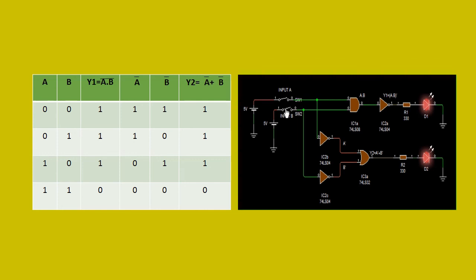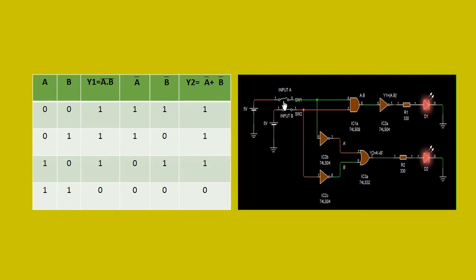Second condition, when A0 B1, D1 diode is in on condition, D2 diode is also in on condition. That means Y1 is at logic high state, and Y2 also at logic high state. Second condition fulfilled.